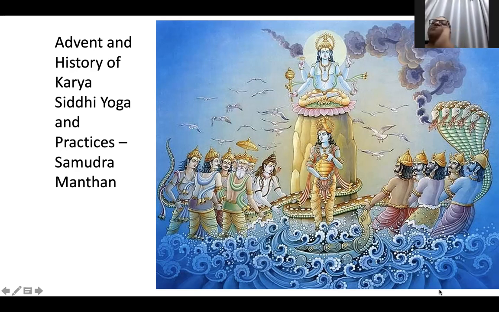Of course, in between, you get poisons, that is failures also, mini failures, which you should not get into thinking that that is the end of it. That is where we leave the manthan, just like the devas and demons left it in between when the Halahala Vish came out, and then Lord Shiva had to interfere to correct it.